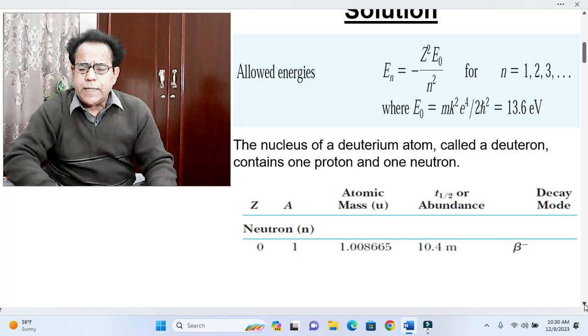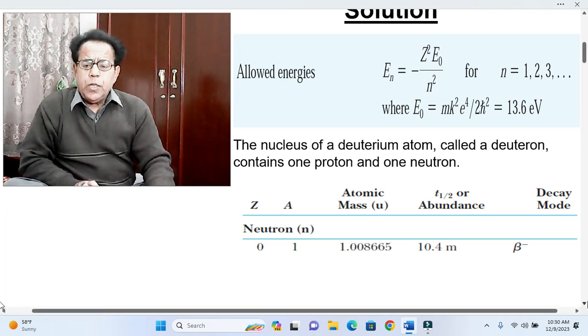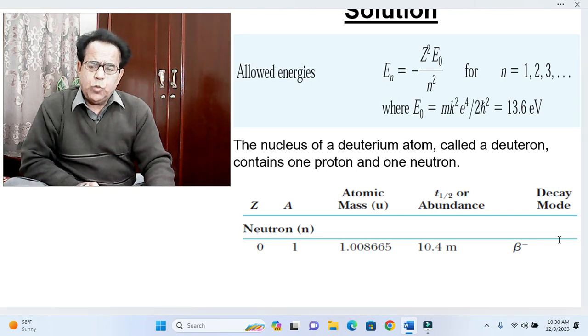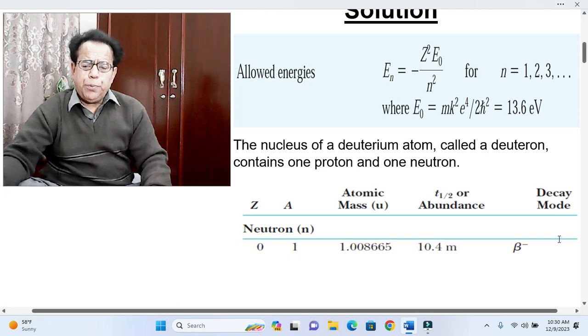Here, dear students, k is the constant 1 over 4 pi epsilon naught, h cut is Planck's constant h divided by 2 pi, and e is the elementary charge of an electron, the charge of a proton. This E naught is alternatively given as equal to 13.6 electron volt. Dear students, this snapshot will play a basic role in solving this problem.